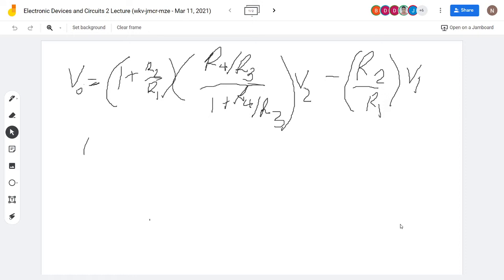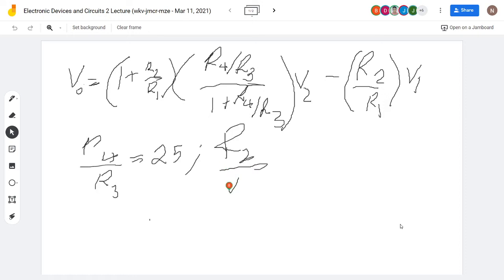R2 over R1 equals to what? 22. Okay, and you're supposed to find the CMRR in dB.